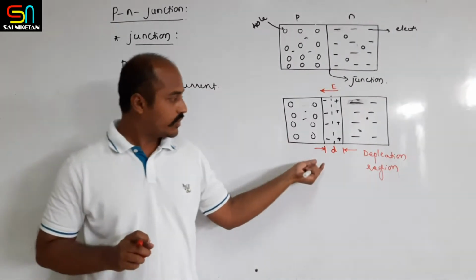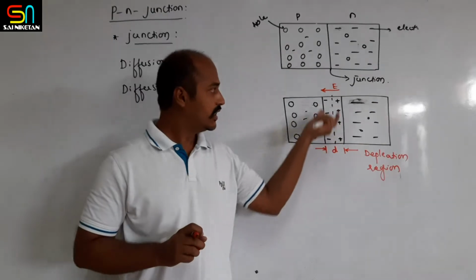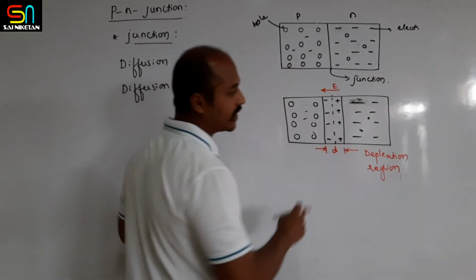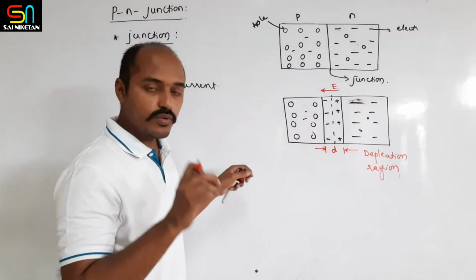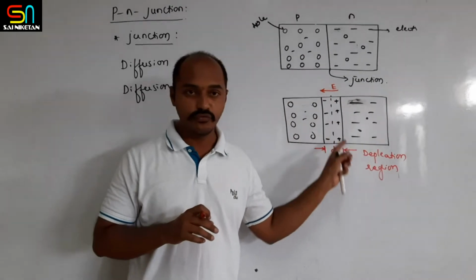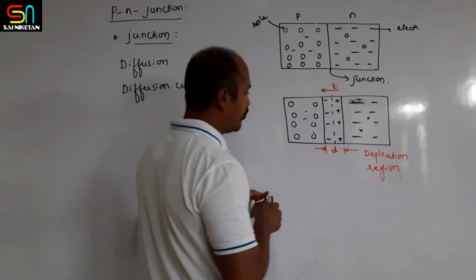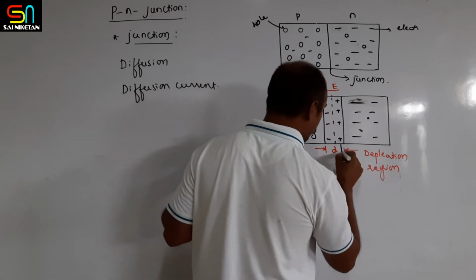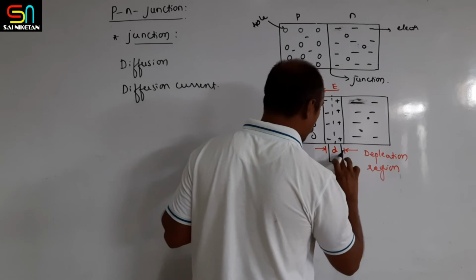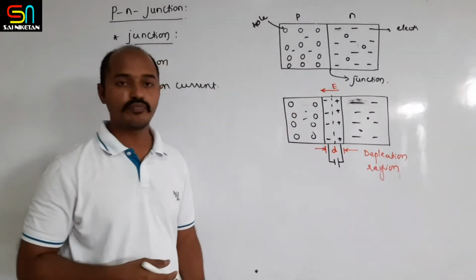You can say that in this distance D, an electric field is created by the positive and negative plates. Because of these positive and negative plates and this electric field, this is acting like a positive plate, and this is acting like a negative. So here a voltage is built up.